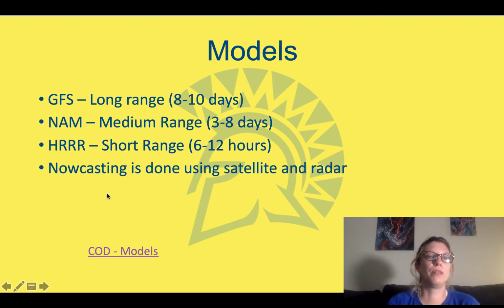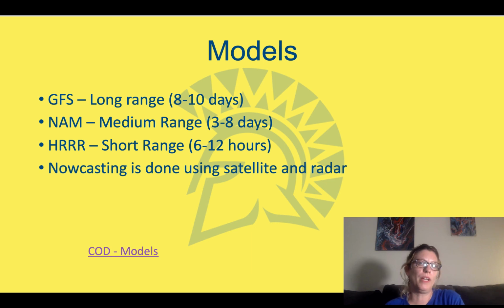Okay, so that's going to bring us to nowcasting. This is actually done using satellite and radar, and that's when we are looking at what's currently happening right now. I use this a lot. Actually, I used it one time on the 4th of July. There was a storm coming through the region. I was at some function that had a band, and I said, hang on, the storm is going to be here in 15 minutes. You guys might want to start packing up your equipment because I didn't want it to get wet.